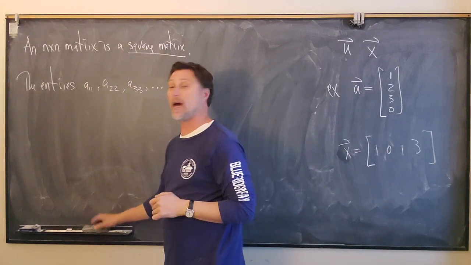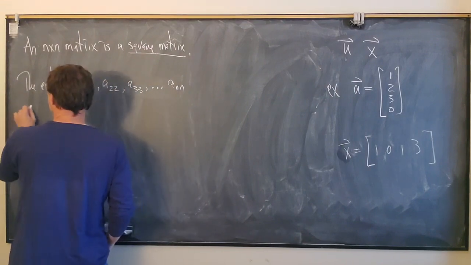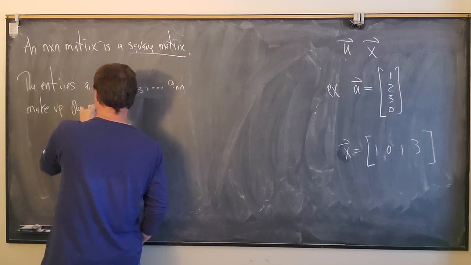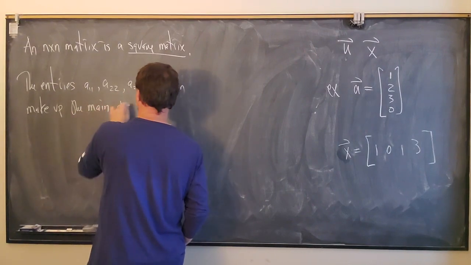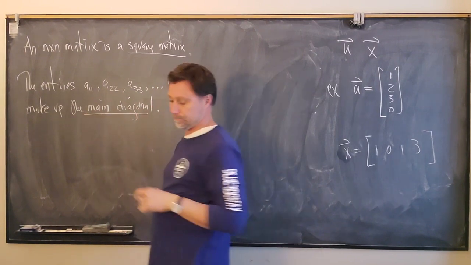These entries lie on what's called the main diagonal. So these entries right here make up the main diagonal.